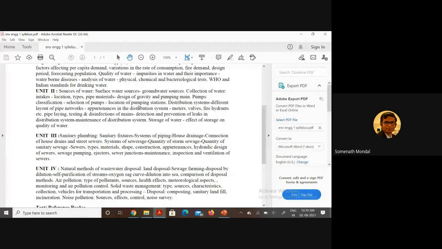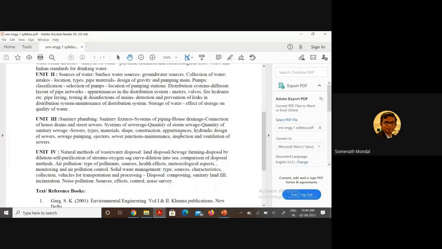In some places we have a few tens of centimeters of rainfall, whereas in some places we have hundreds of centimeters of rainfall. So this kind of variation creates heavy or abrupt changes in the entire design itself. So those things we'll be discussing in unit 3.